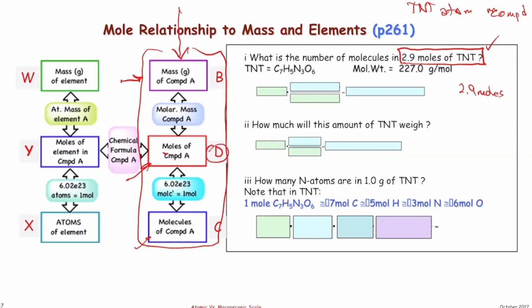We're going to start with D. And the question is, what is the number of molecules? Where are we going? Are we going to mass or are we going to molecules? You guys know that you're going to molecules because that's what the question is asking. So we're going from D to C. So that's our path, D to C, and we have our answer. So that's how you read this thing.